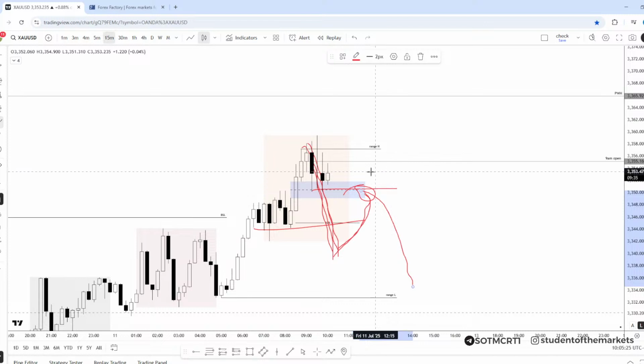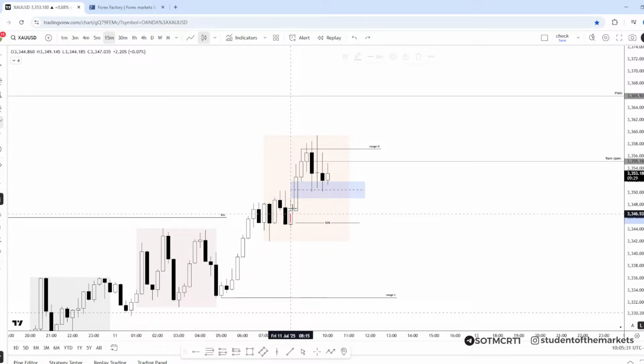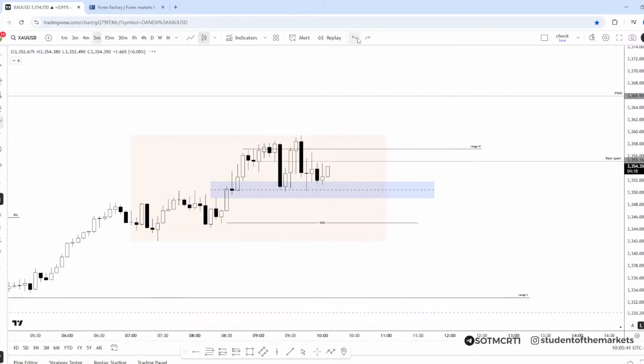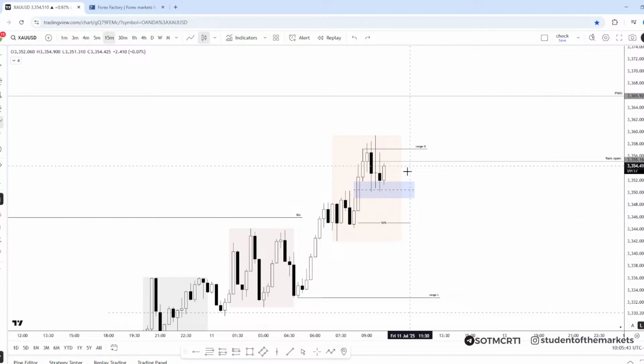But right now, whenever price is pushing up, at this point price did not change the market structure, so I will risk only 50% here.